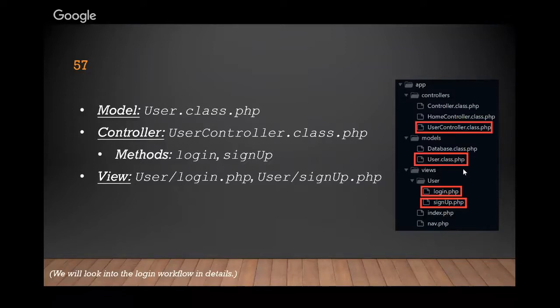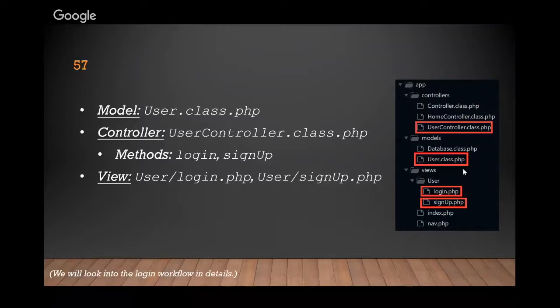Okay, first we'll start from the view part. Basically, when you log in or sign up, it's just a form. When you log in, in the most simple case, there should be a form with two fields: username and password. When you sign up, there should be a form with maybe three fields: username, password, and confirm password, right?